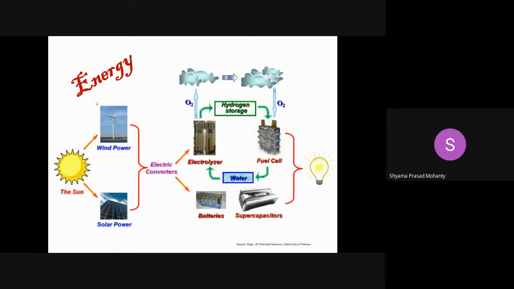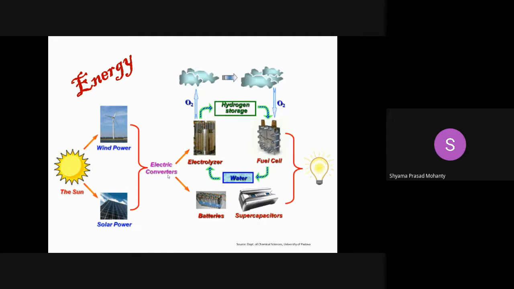So mostly we will be discussing energy, and there are various forms of renewable energy, some of which are directly linked to the sun, because the sun is the ultimate source of energy. You can have solar power, wind power, and from there you can convert them to storage devices, because we are not getting sunlight 24/7.